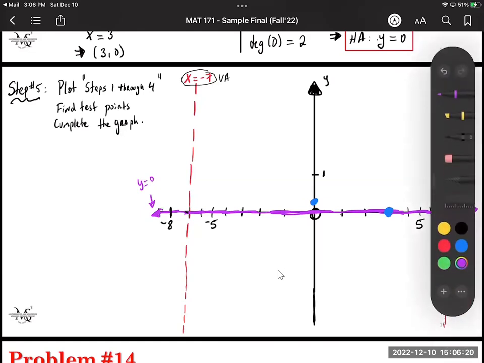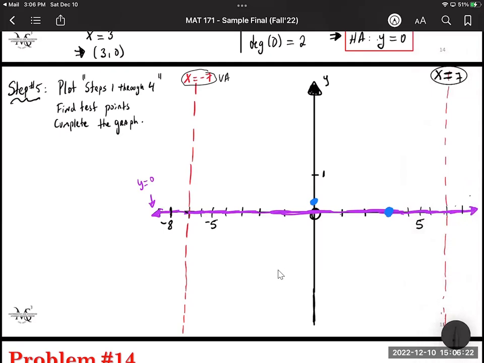So let's say I use -8. All I really need now is just to know what the sign of these values are, right? So for example, if I compute f of -8, this will be equal to (-8 minus 3) over (-8 squared minus 49).